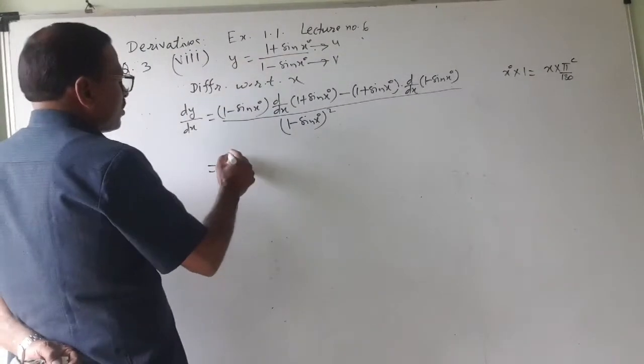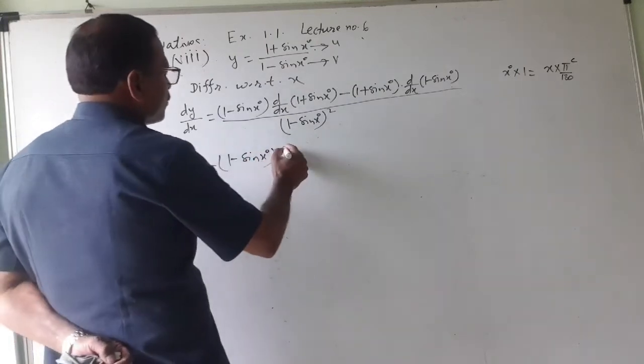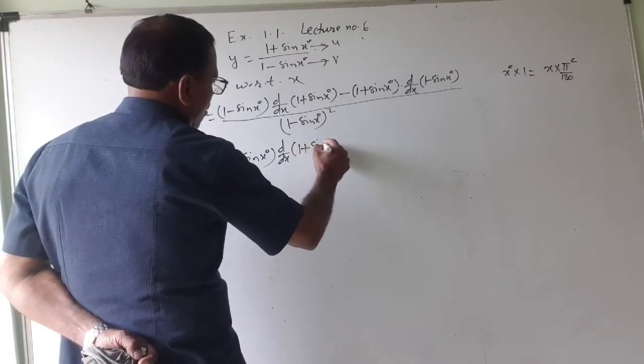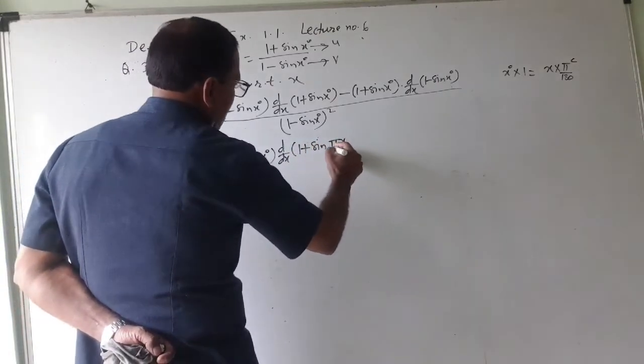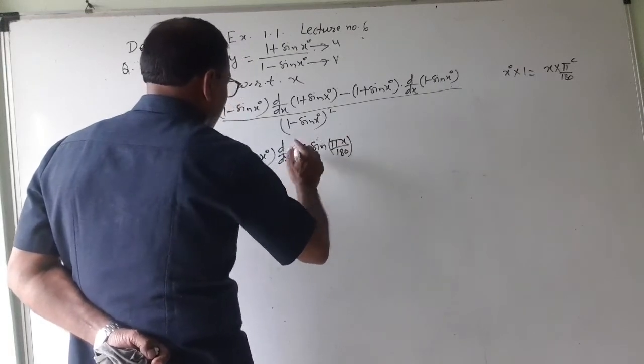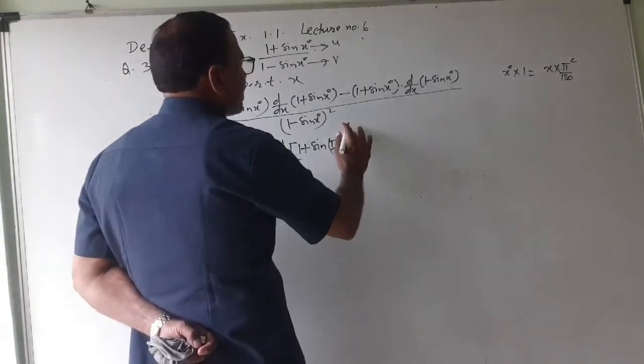So this is equal to (1 minus sine of x degree) into d by dx of (1 plus sine of pi x upon 180). This will be in the radians. Now I will change the bracket here. This is in the radian.